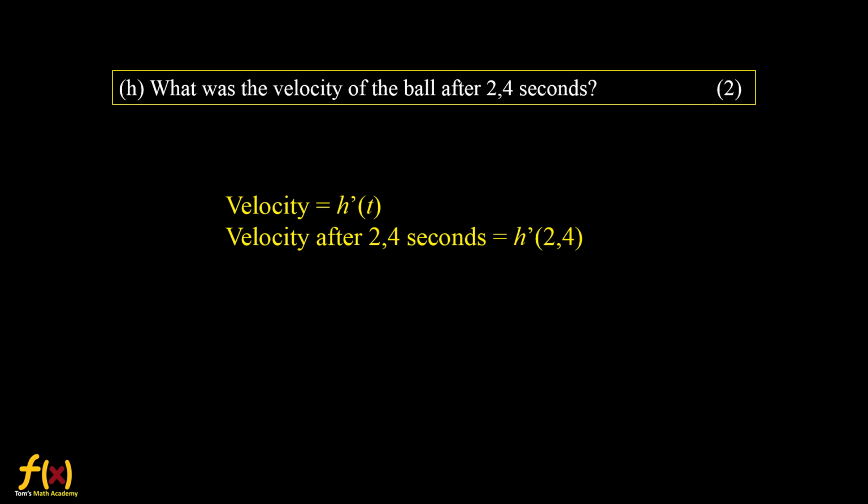Okay, so the velocity at 2,4 seconds, that is at the maximum time, maximum height, we calculated 2,4 seconds, and at the maximum point, the stationary point, the velocity is 0. That is the explanation.